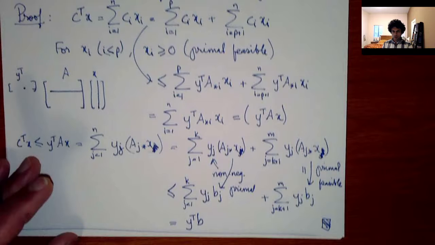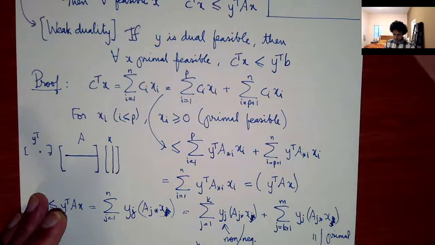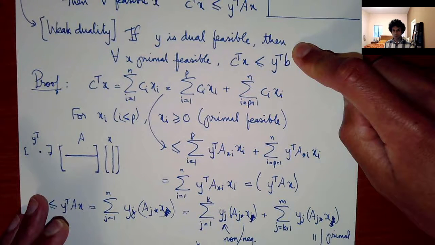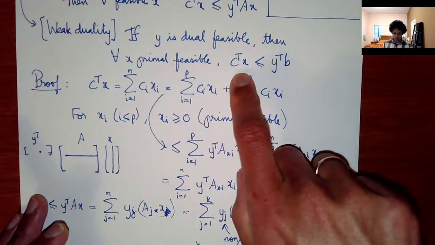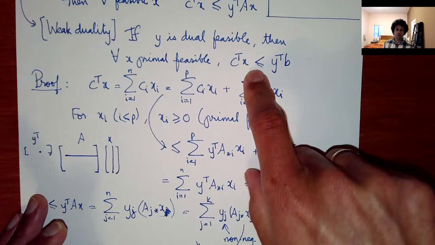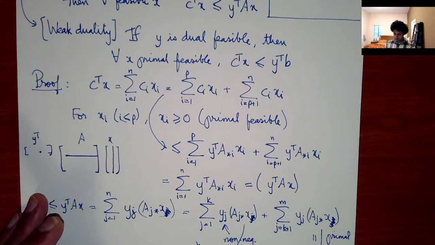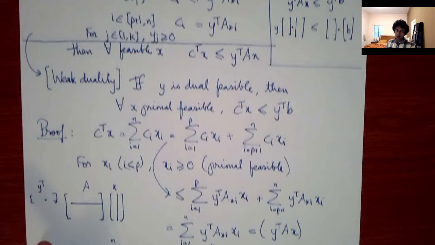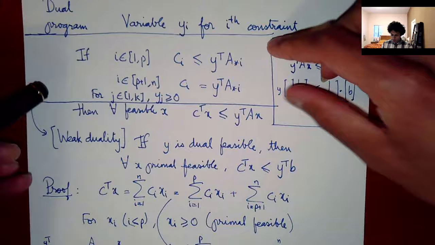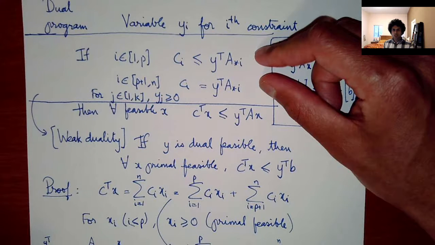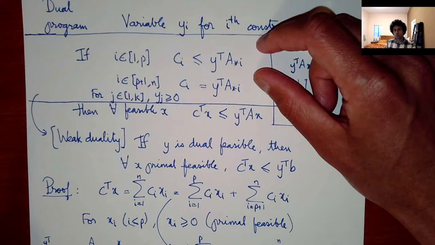So this is weak duality. This says if y is dual feasible, then for all primal feasible x, c transpose x is at most y transpose b. So this gives an upper bound on the primal. Okay, so now what is natural is you have this dual feasible. So which is the best point that you want to choose in the dual?